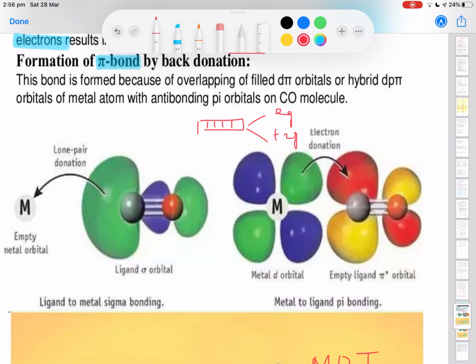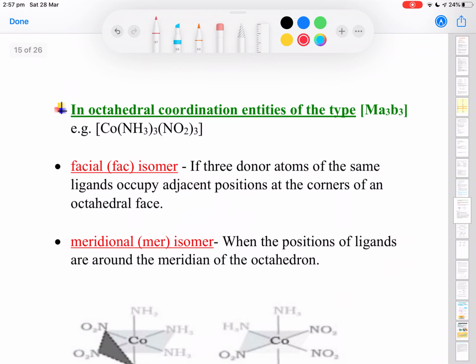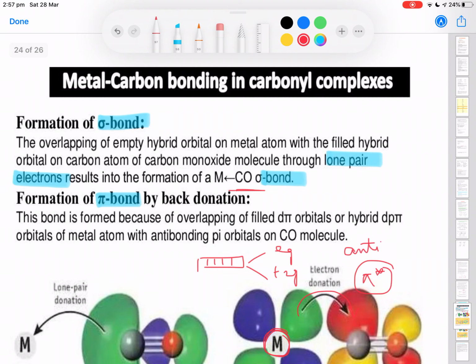So from those paired d orbitals of the central metal atom, the electrons are being donated to the pi asterisk, that means the anti-bonding orbital of the carbon monoxide molecule, right?